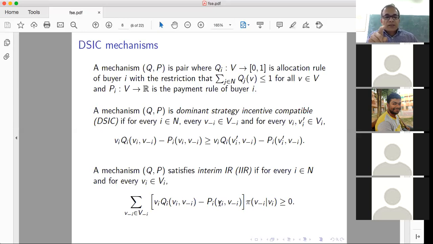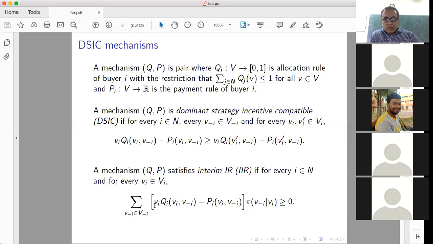Okay, so a mechanism is a pair, capital Q and capital P, and capital Qi is the allocation rule for buyer i, and capital Pi is the payment rule for buyer i. Dominant strategy basically says that truth telling is a dominant strategy. Interim IR is saying that the expected payoff of each buyer type is greater than or equal to 0. So how do we compute it? Let's go over this one more time.